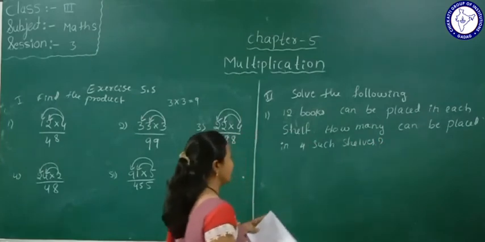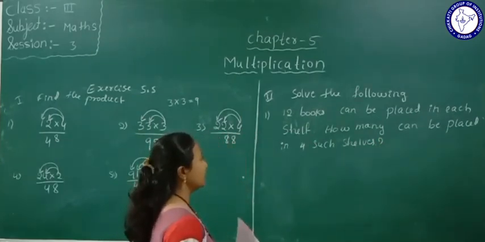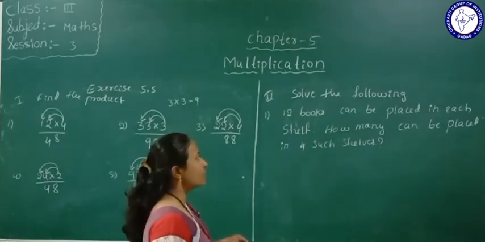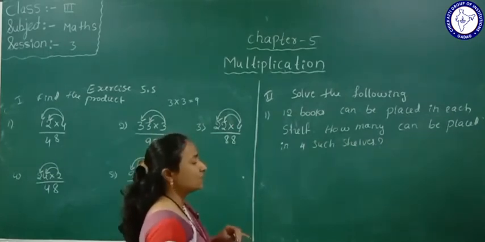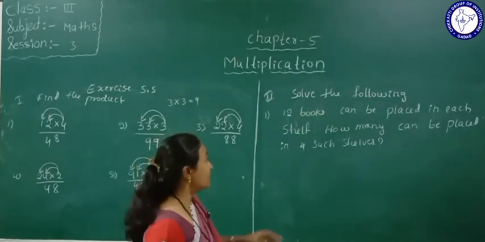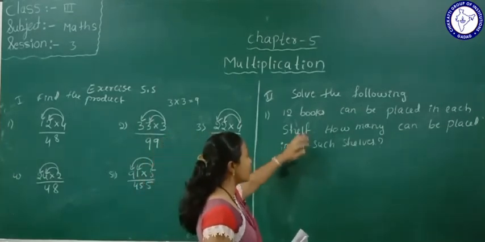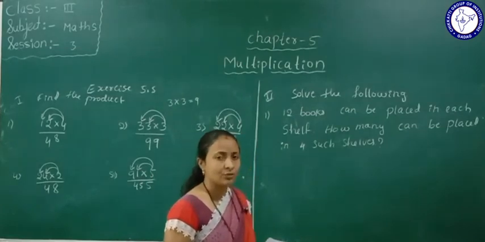Yes, what have they given here students? 12 books can be placed in each shelf, one shelf. Like how many can be placed in 4 such shelves? In 4 shelves how many books are placed?